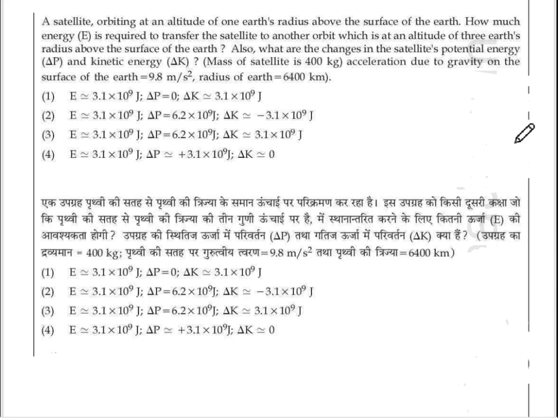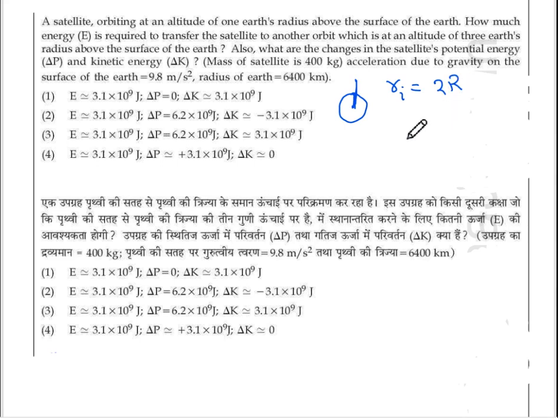I'll draw a figure here. If this is our planet Earth, the satellite is rotating 1 radius above the surface, so the total distance from the center of Earth, r initial, will become 2 radius of Earth.